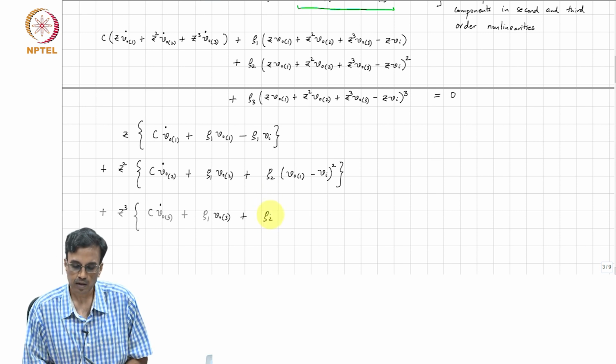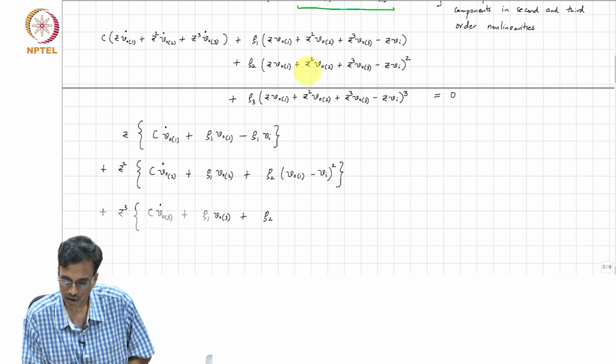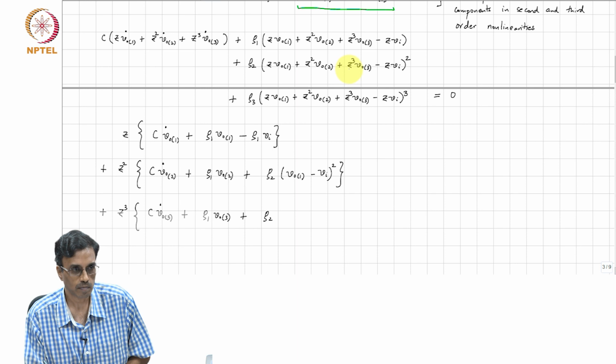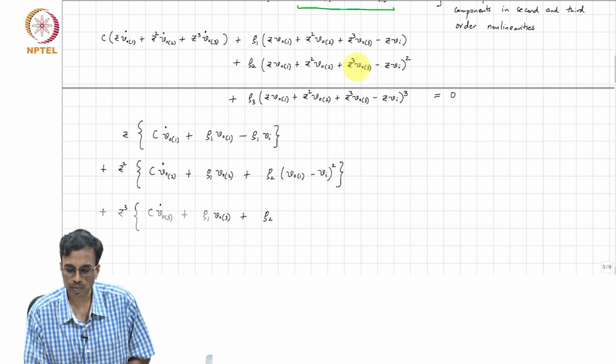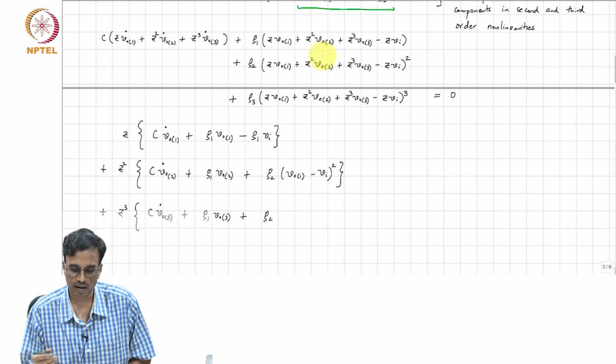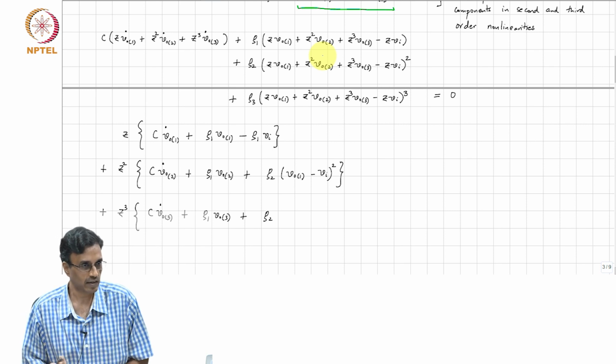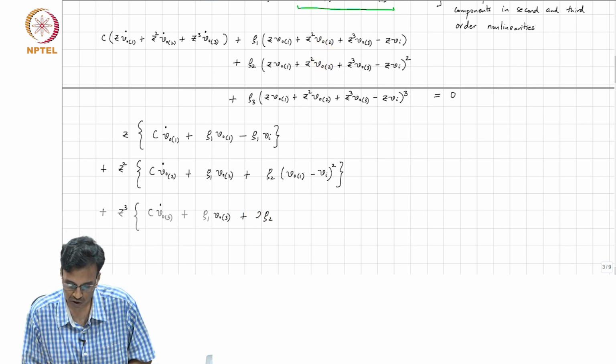Because you have a Z term, a Z square term and a Z cube term, when you multiply the Z term and the Z square term, you will get a Z cube. So that is basically 2 G2 times V01 minus Vi times V02.